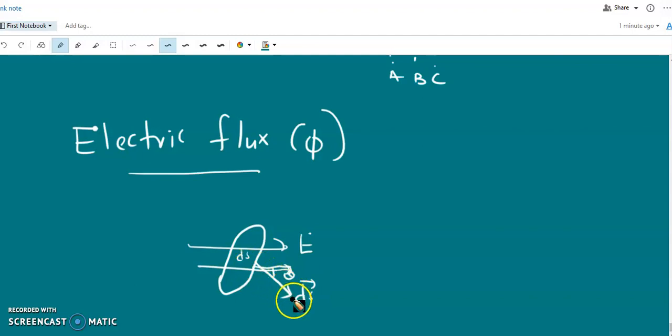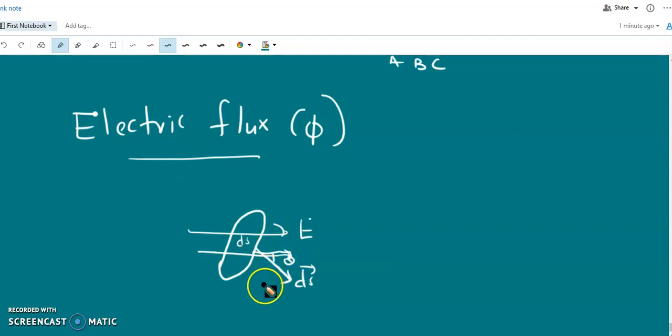Area is a vector, and its direction always acts along the normal. So theta is the angle between this electric field and the outward normal to the area element. Now flux is defined as elemental flux. d phi is defined as the component of the field lines passing perpendicular to the area, which is E cos theta into ds.